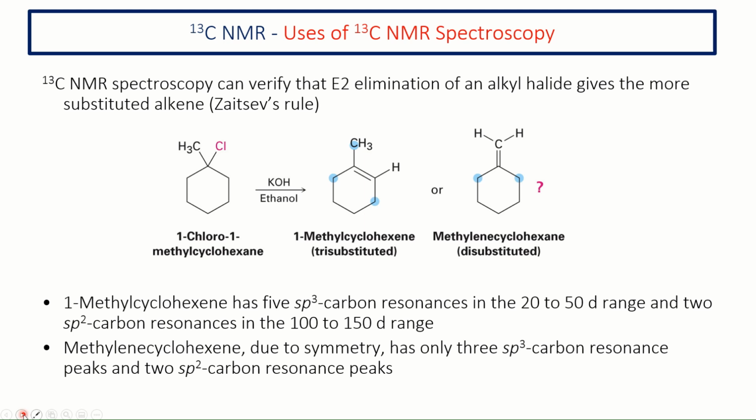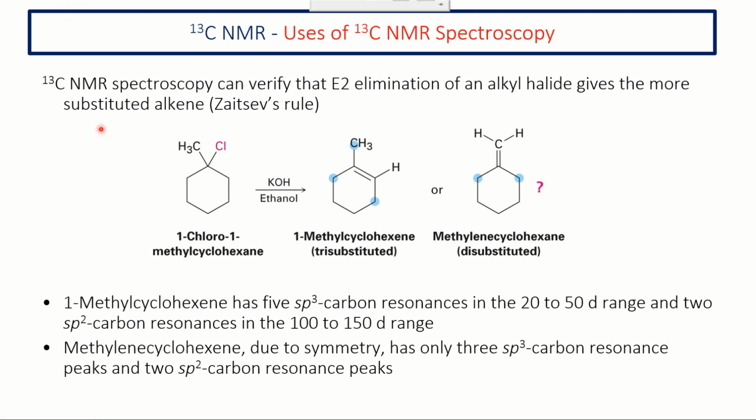We can also use these to predict our chemical reactions, of course, because that's what we're trying to do, to identify compounds. And you can see here, for example, we've got a simple elimination reaction, and we're trying to decipher which compound will dominate our spectrum.